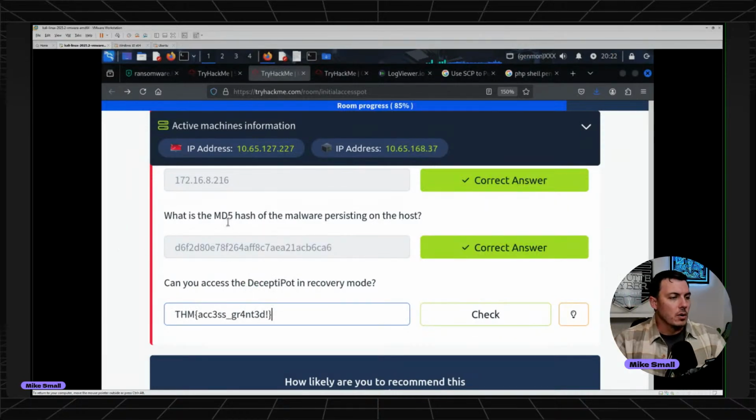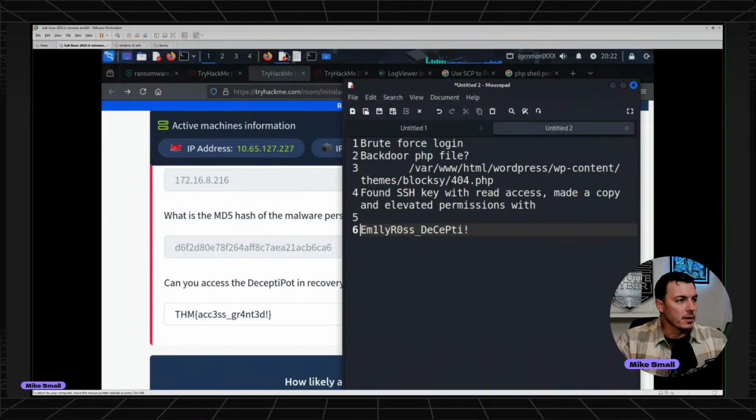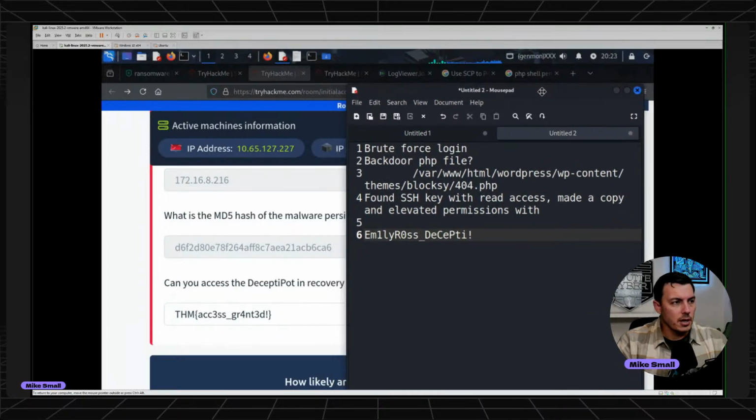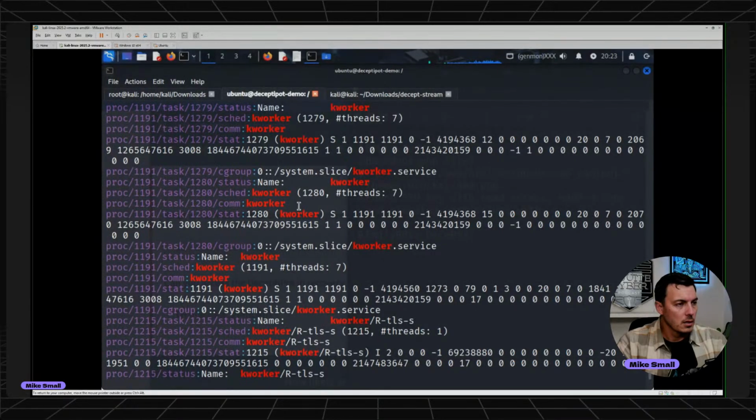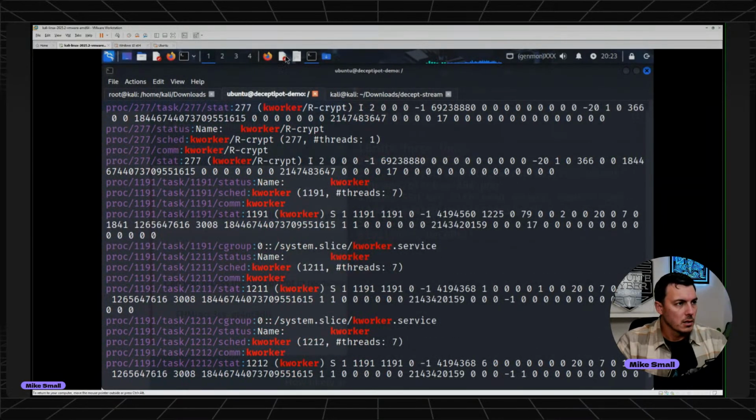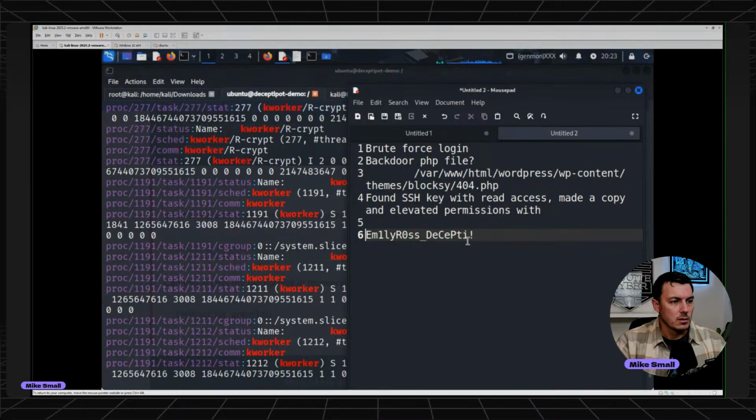Okay, so basically what we have here is, and I want to pull up the shell so we can look at all this other stuff. Okay, so we have the brute force login, they get into the web application, then they uploaded a file, which means they must have either elevated their permissions on the web app or were able to brute force an admin's permissions.